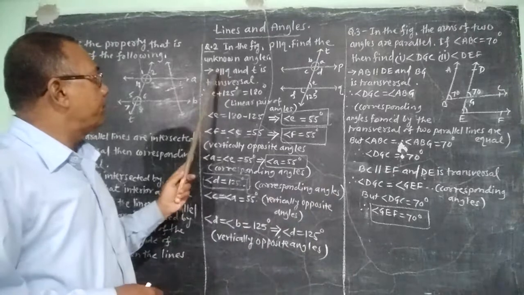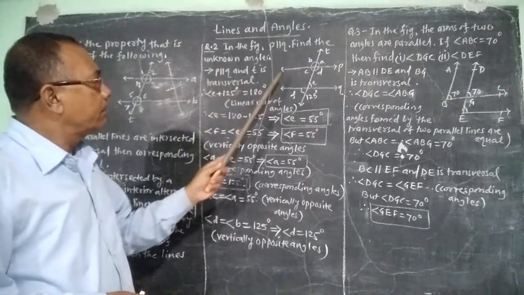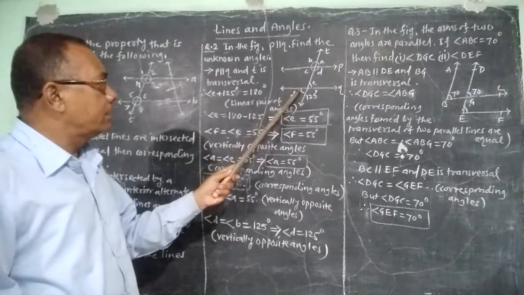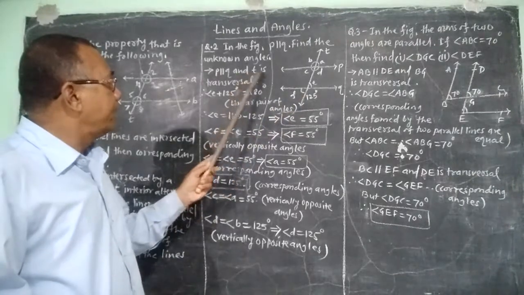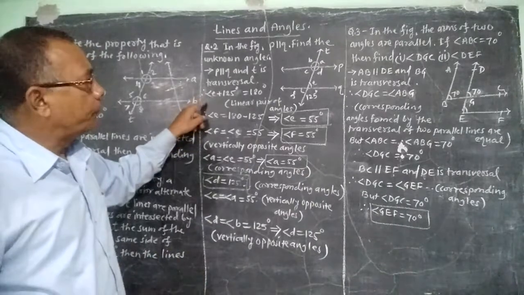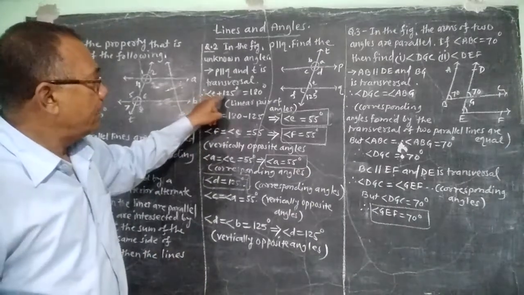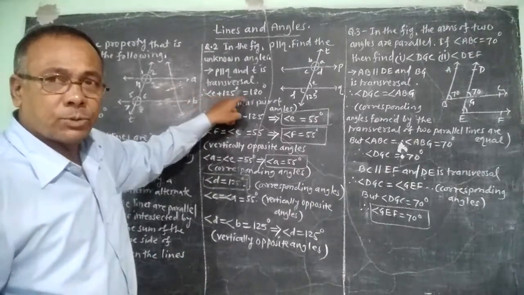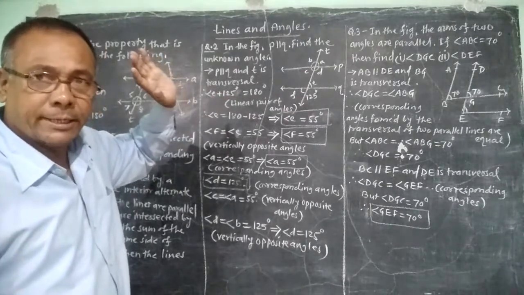So here P parallel Q, these two lines are parallel, and line T is the transversal, and therefore angle E plus angle 125 is equal to 180 degrees.